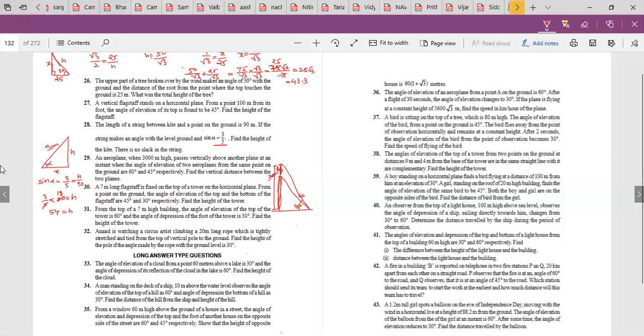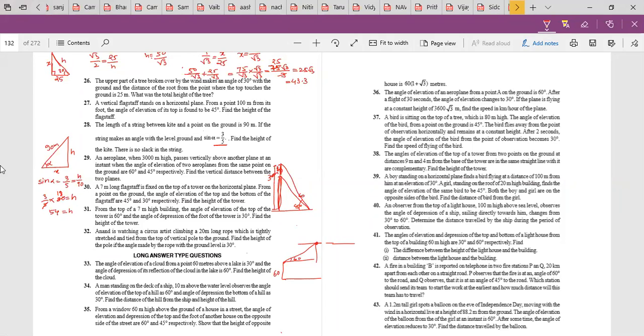Yes, Anand. It was told that the angle of elevation of a cloud is from 60 meter above the lake. So first draw the lake. Suppose this is a lake and then above that 60 meter. From here the cloud is somewhere here. The angle of elevation will be 60 degrees.